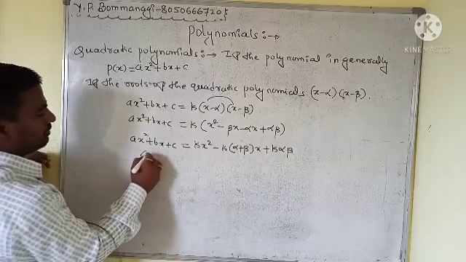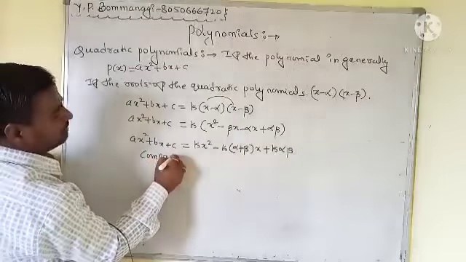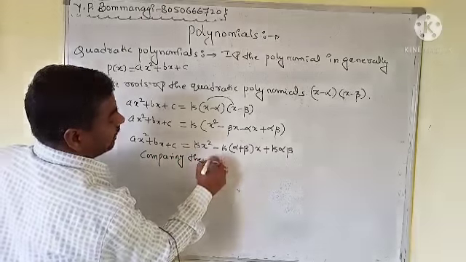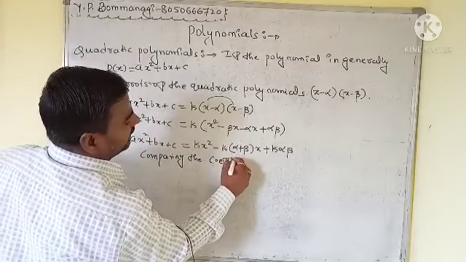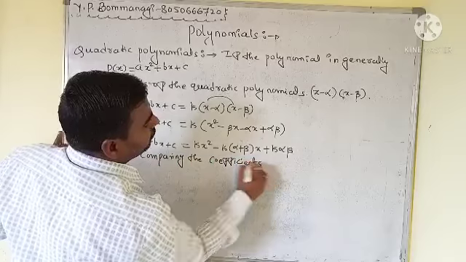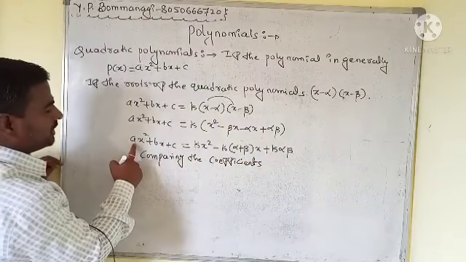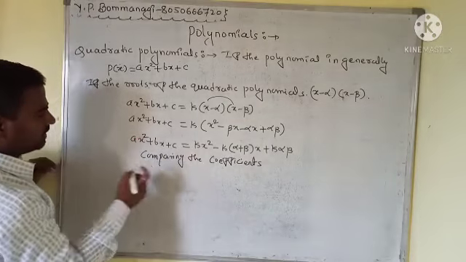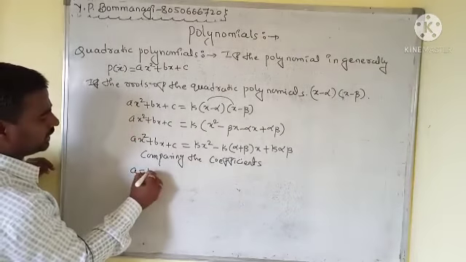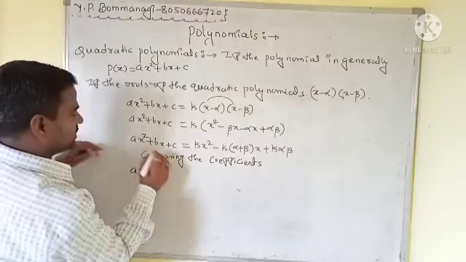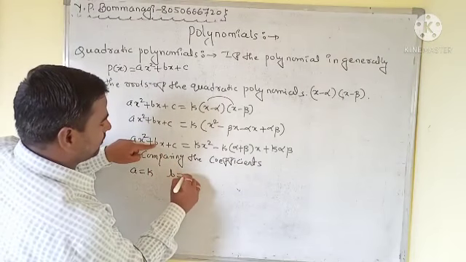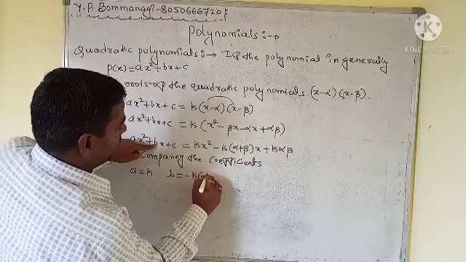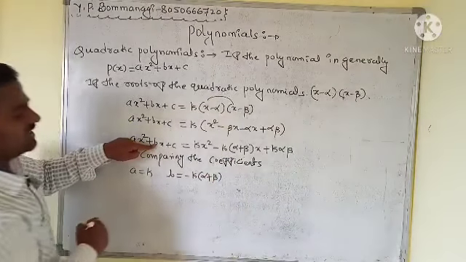Compare these two, comparing the coefficients. So first, the x square terms are the same, don't worry about that, and in the remaining terms, a is equal to k. Second one, here b is there, here minus k times alpha plus beta, second terms.